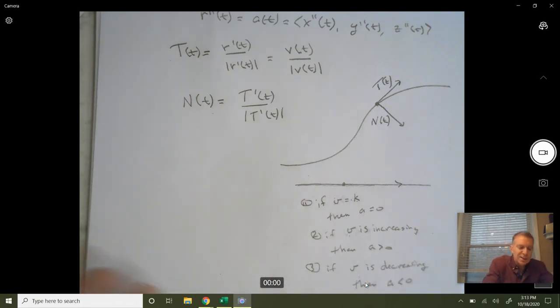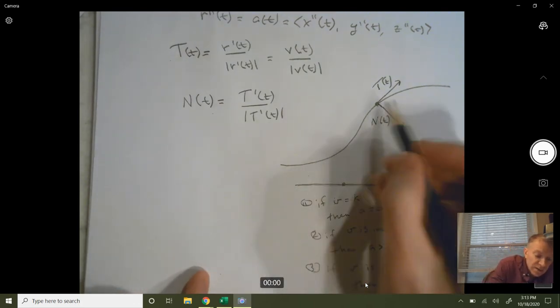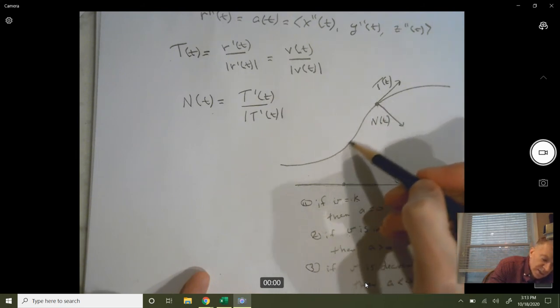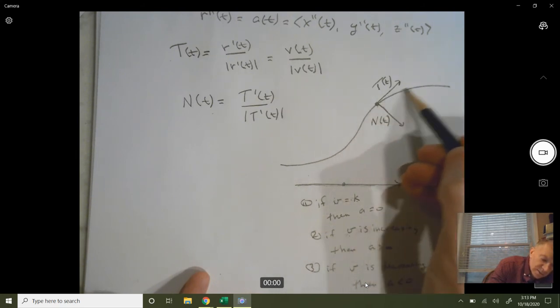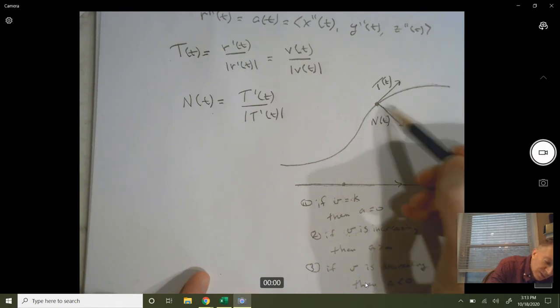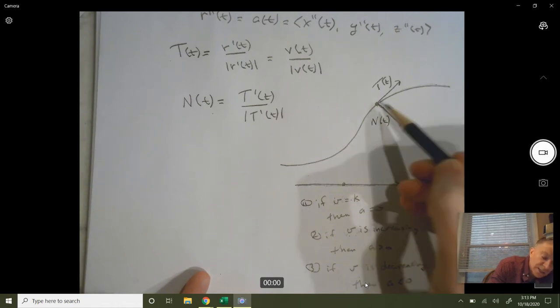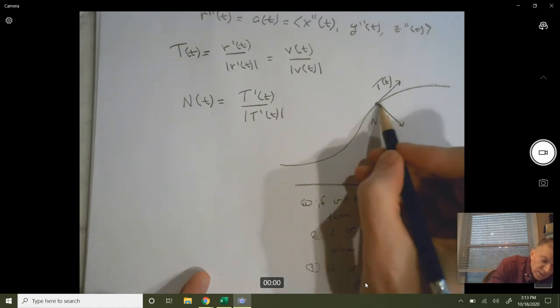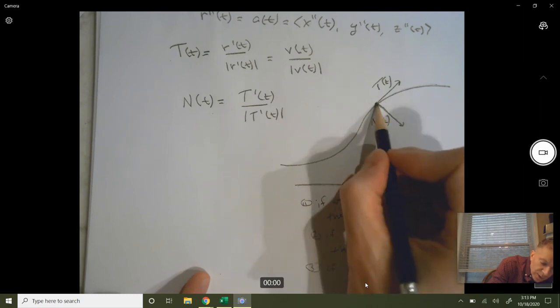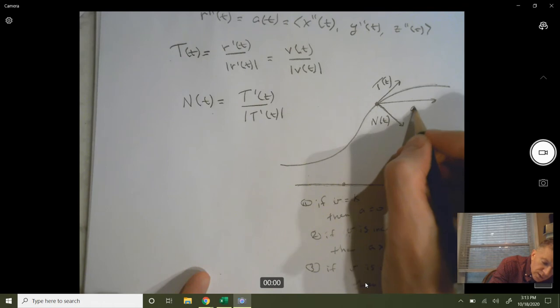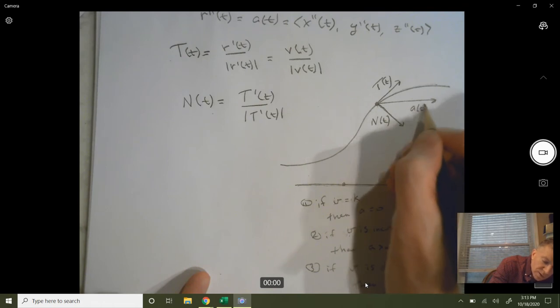So let's connect that up here. If you're moving along this curve and your speed is constant, then your acceleration vector is in the direction of the normal. If your speed is increasing, so dv/dt is greater than 0, then your acceleration is going to be a little bit off in this direction.